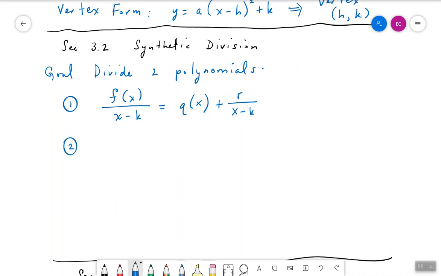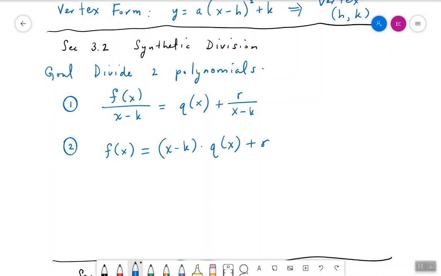And then the second way was called the division algorithm. The division algorithm tells us that we can rewrite the polynomial function f of x as x minus k times q of x plus r.